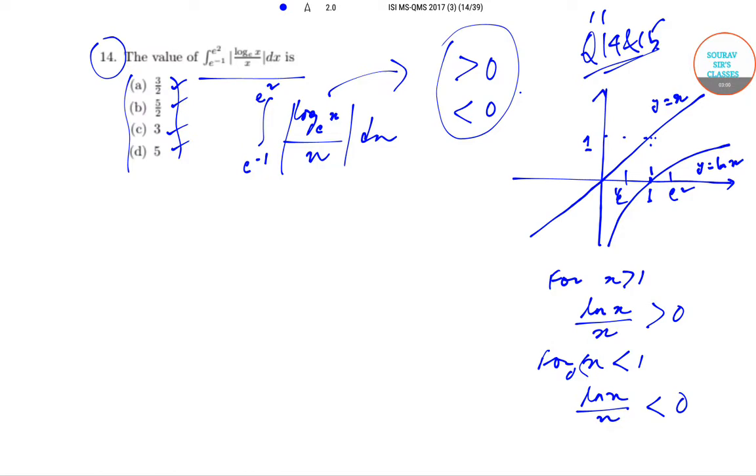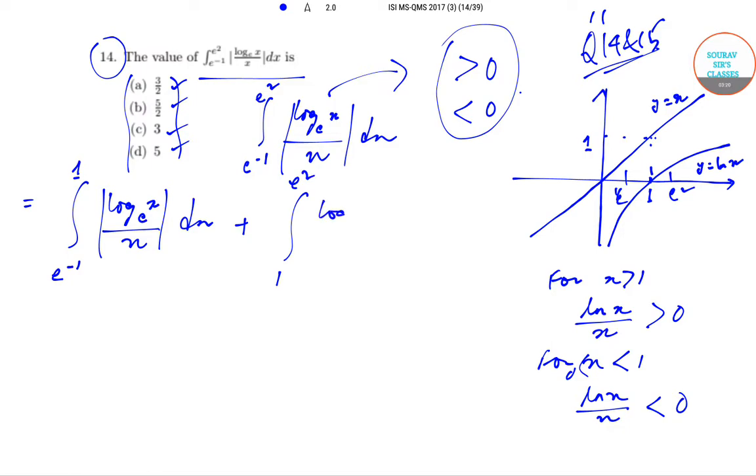So this will come down as equal to the integration from e to the power minus 1 to 1 of log of x to the base e by x dx, plus the integration from 1 to e square of log of x to the base e by x dx.